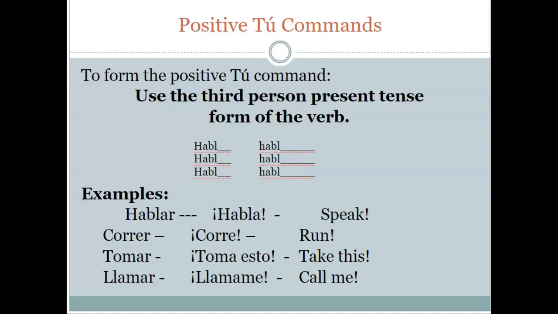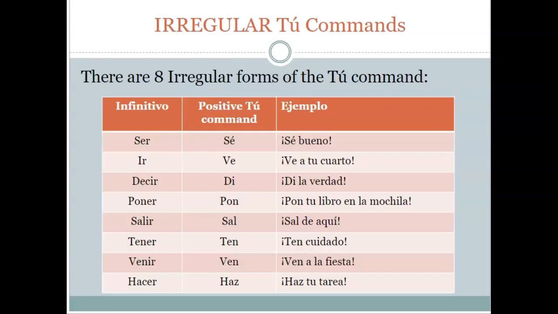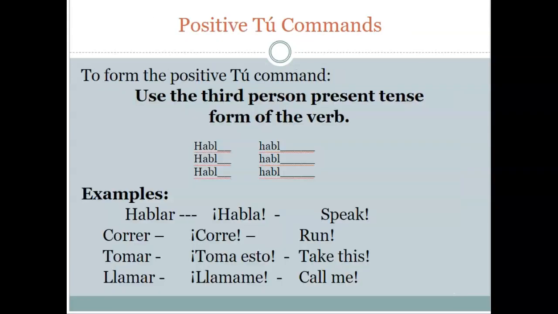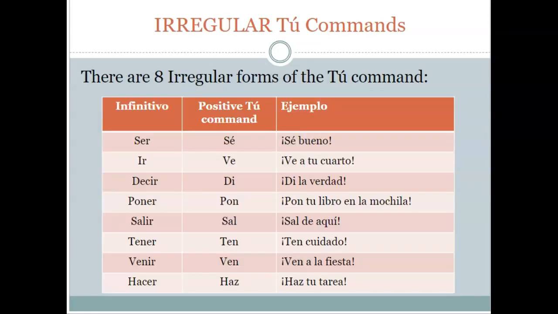It would be habla, we'd speak, corre, to run, tomar is to take, so toma esto, take this. Llámame, call me. So they're very easy to form, right? Pretty easy, regular.